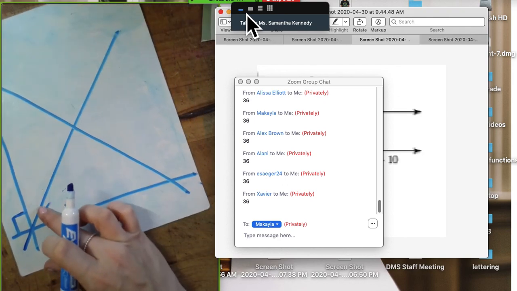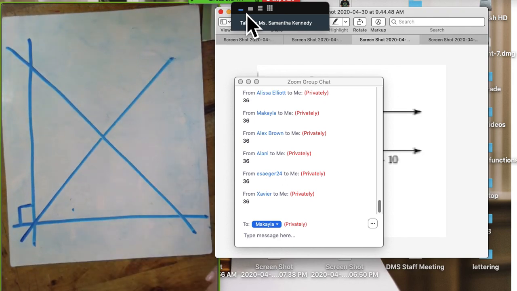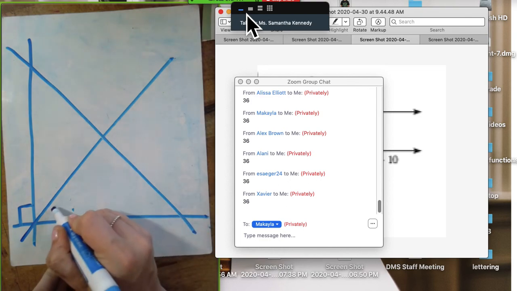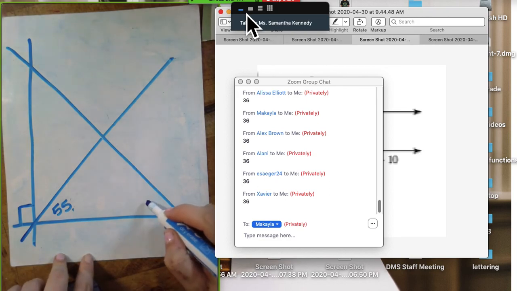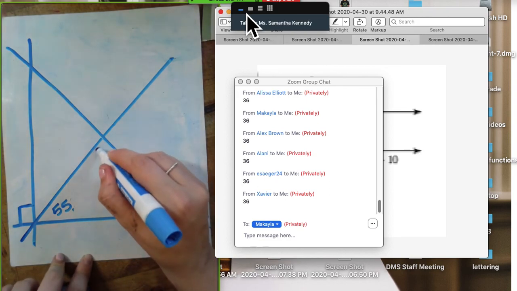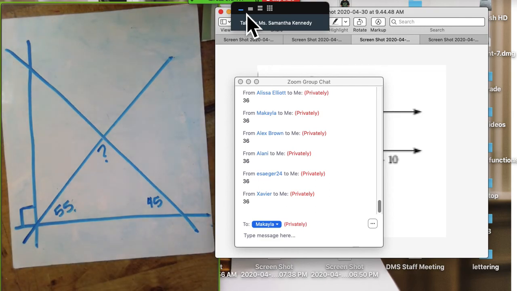All right. If this angle is 55 and this angle is 45, what is that angle?